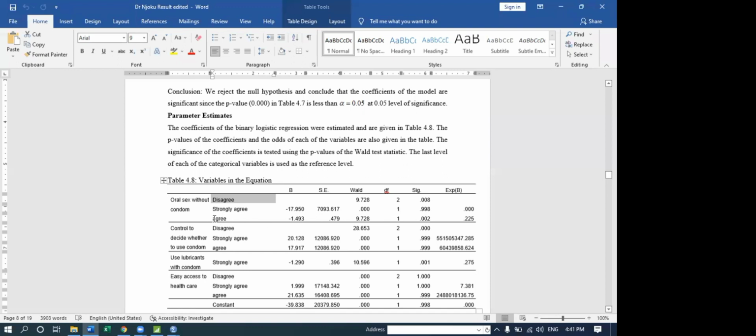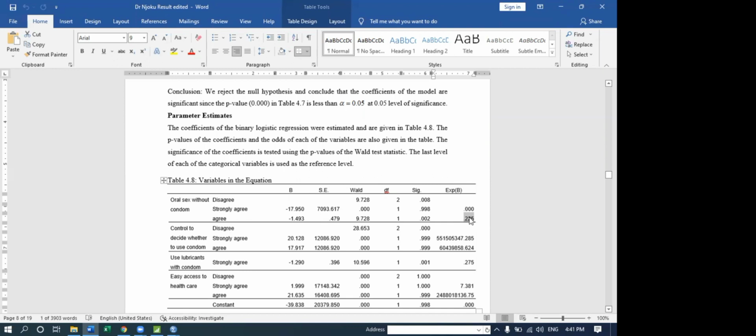The odds of those that agree that oral sex without condom will make the patient contract HIV is 0.225 times the odds of those that disagree.